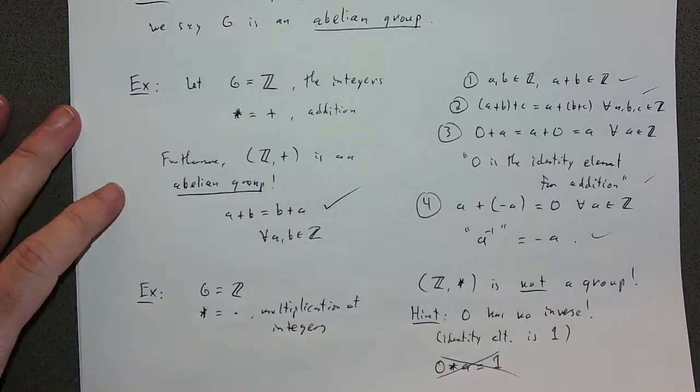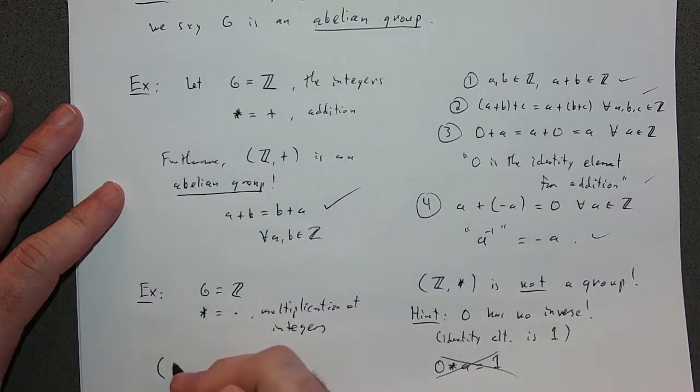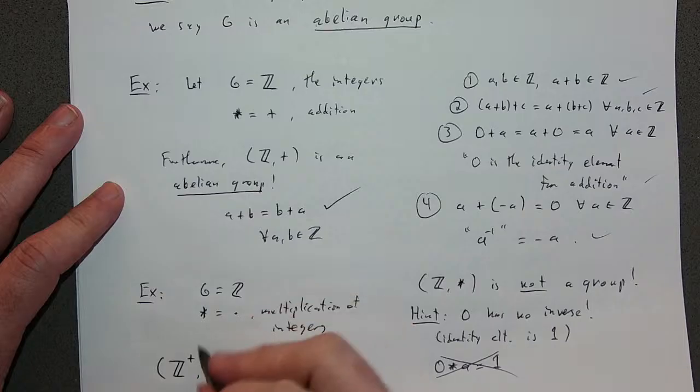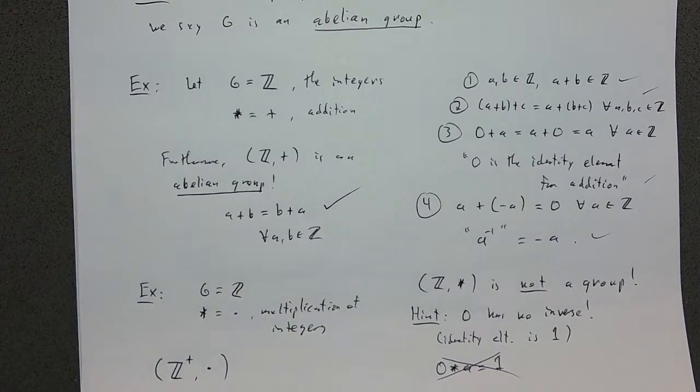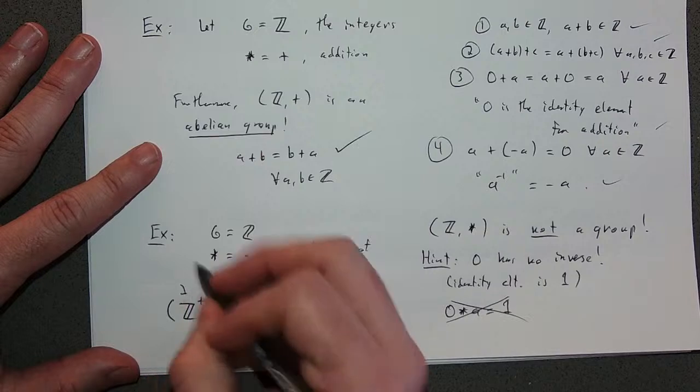What if I restricted this to being positive integers, and multiplication? Is that a group? These are positive integers.